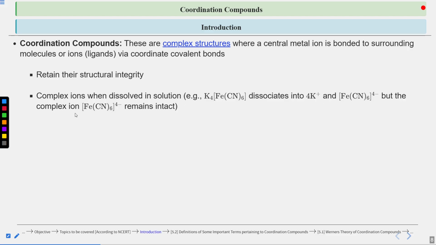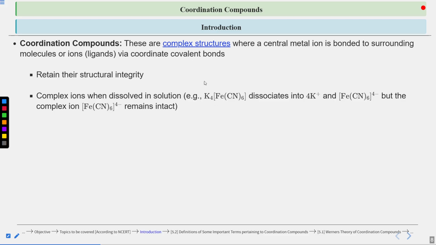But the complex ion, that is [Fe(CN)6]4-, remains intact. We are taking this example just to clarify that they retain their structural integrity. That means whatever the structure of the complex compound is, after dissolving in the solution it will remain as it is.